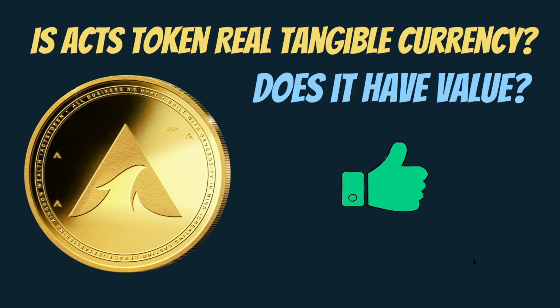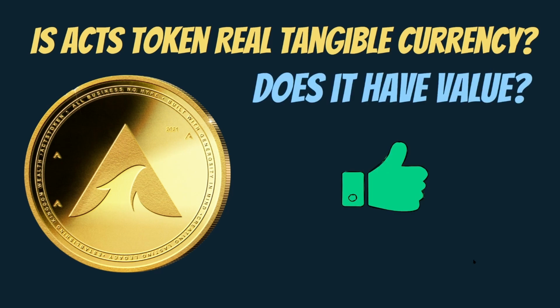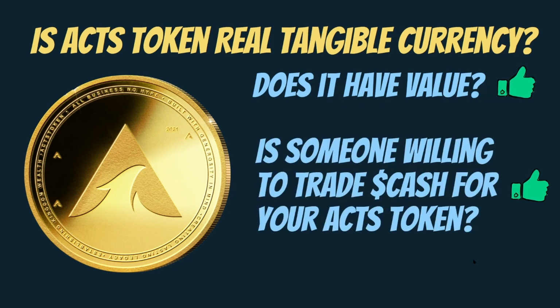So again, is AX token real or tangible currency? We're getting back to the primary question here. And the first question you have is, does AX token have value? How does it have value? Is someone willing to trade their cash or something else of value in exchange for your AX token?